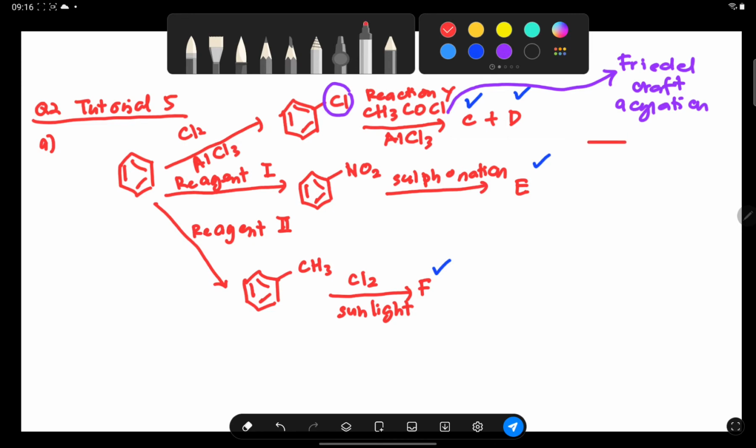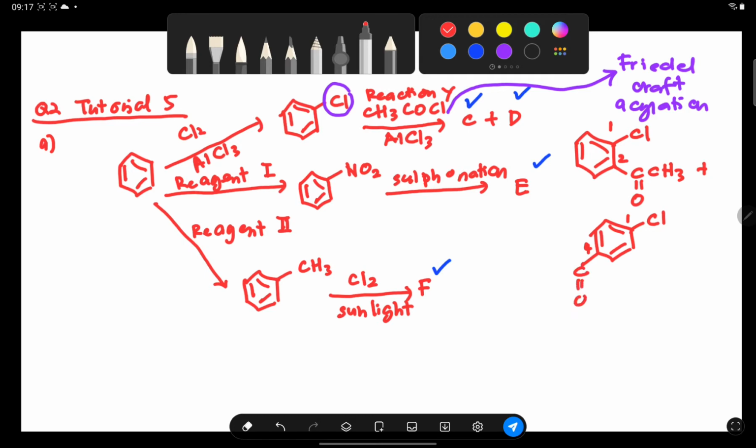So, the answer is ortho. C double bond O CH3, plus, 1, 2, 3, 4.